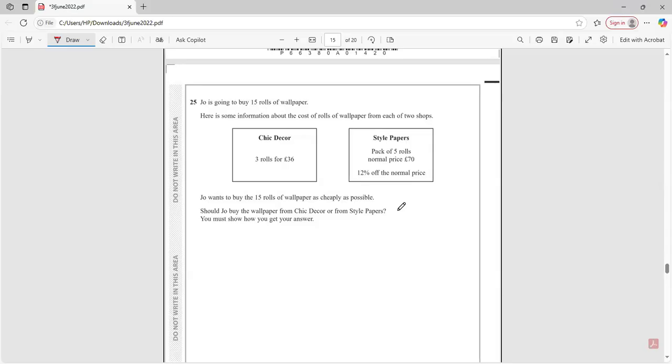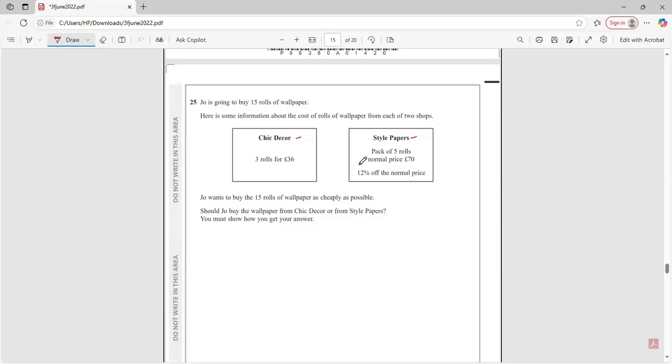Okay. All right. So it says Joe is going to buy 15 rolls of wallpaper. Here is some information about the cost of rolls of wallpaper from each of 2 shops. So these are, I guess, the names of the shops. 3 rolls for 36 pounds.